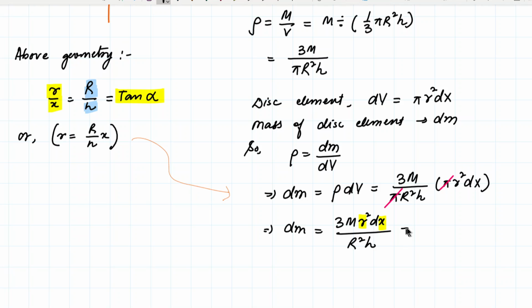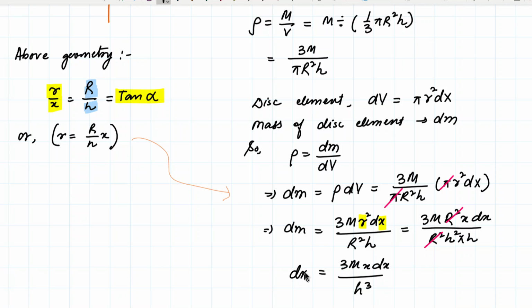So this is equal to 3M r square dx upon R square h into h, right, 3M upon R square h dx, so R square h square will come here. So your R square gets cancelled, and here you get 3M. Here x is also there, so x square dx upon h cube.